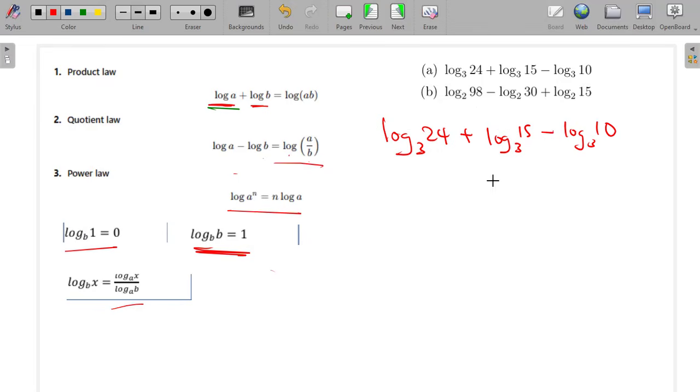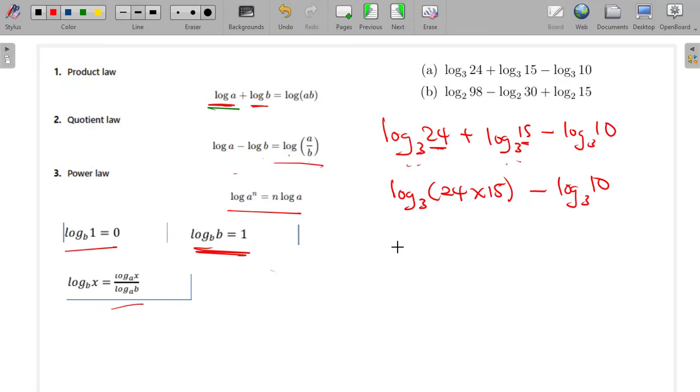So the base, of course, is the same, so you can proceed. Here, when you're adding, we keep log base 3 and multiply the 24 by the 15, then minus log base 3 of 10.